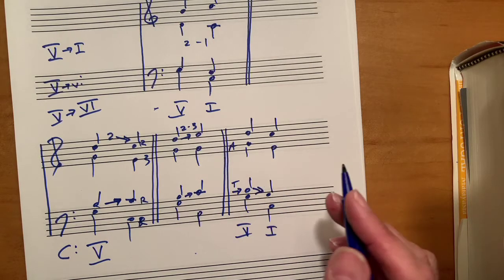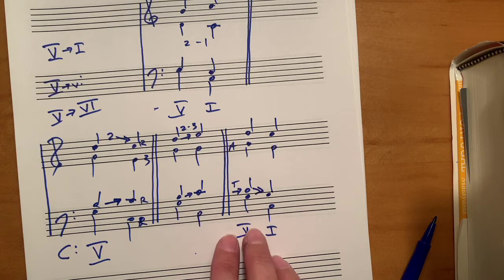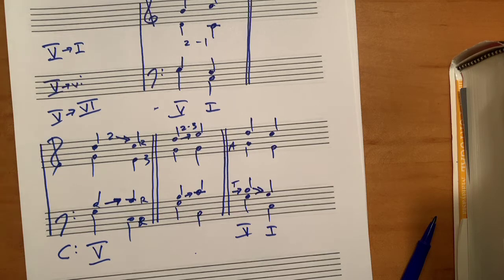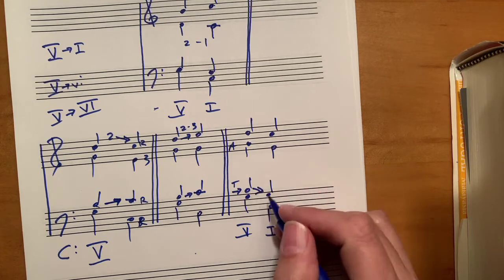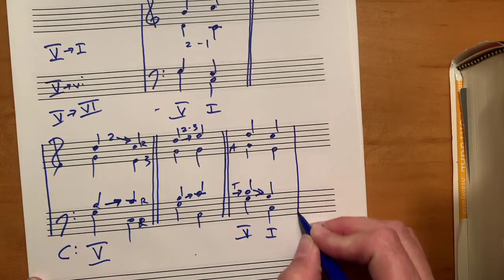Okay, that's called frustrating the leading tone. So that would sound like, I'm going to do it in a different key just because I can't play that note on my keyboard, so I'll do it in F. Okay, and it gives us a complete final chord. So that's one way to do it.